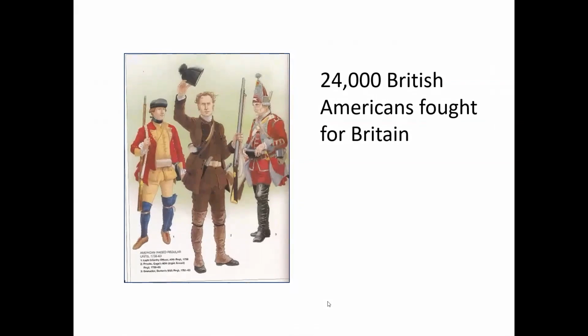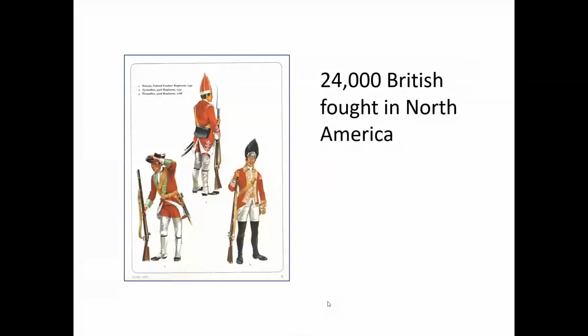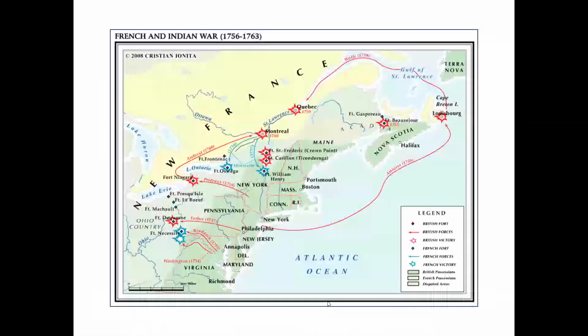The man in the middle, he's wearing a brown uniform. Again, the uniforms could be different. They weren't all red, they weren't all blue, they weren't all brown, they weren't all green. And 24,000 British soldiers fought in North America. And we can see they have more of what we consider the traditional British uniform, the red coats.